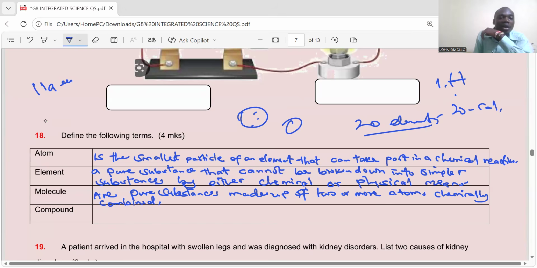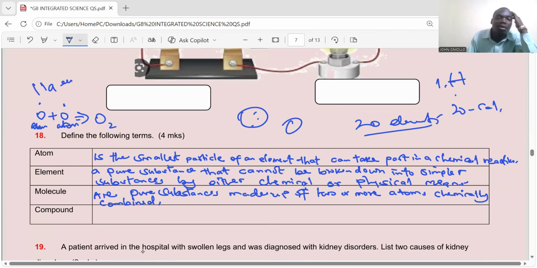Now, for instance, when we have one atom of oxygen reacted with another atom of oxygen, they form the oxygen molecule with how many? 2. This is 1 plus 1 equal to 2. So that is why we have molecules, substances made up of 1 or 2 atoms. So oxygen atom, this is an atom. This is also an atom. They react chemically. That is what I'm saying about chemically combined.